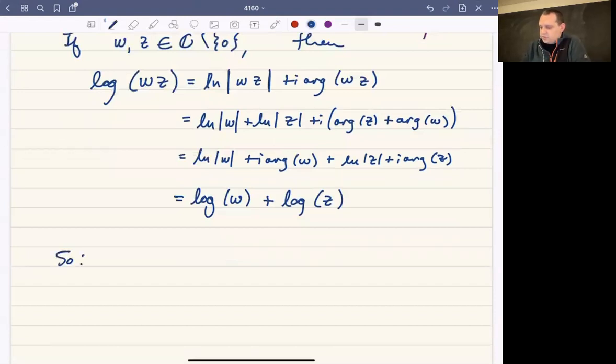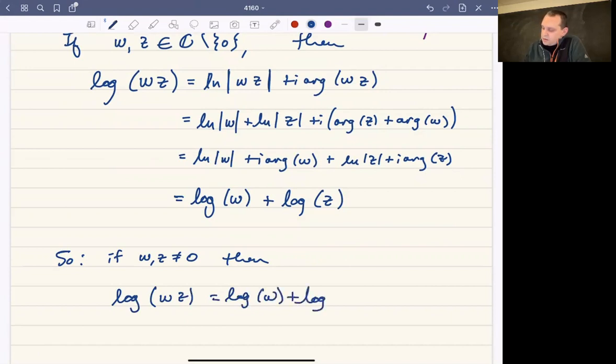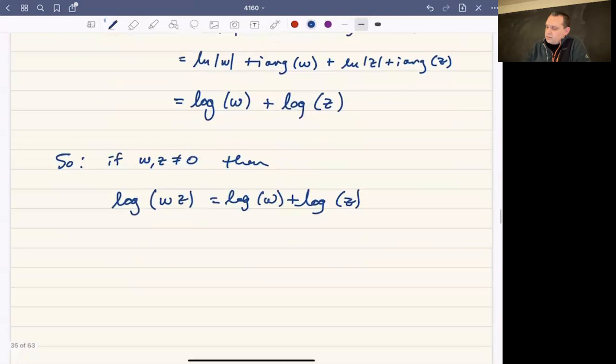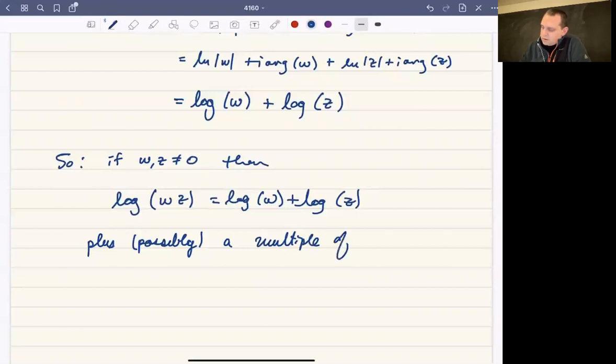So the point here is, in conclusion, what we just showed is that if w and z are non-zero complex numbers, then we have the usual rules for logarithms, that log of w times z is the log of w plus the log of z, plus possibly an integer multiple of 2 pi i.